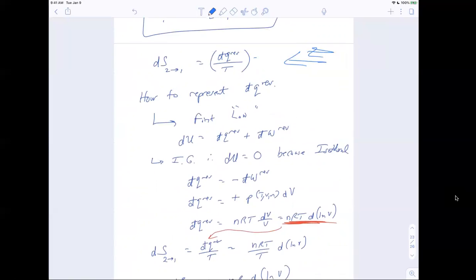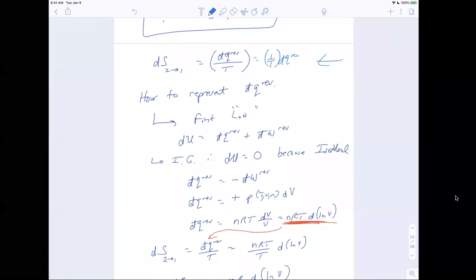And you can think of this as just dq reversible, okay, times this 1 over T. And so it boils down to getting an expression for dq reversible, and that dq reversible expression always will be determined through a first law analysis. Okay, so put that down in your notes, right?